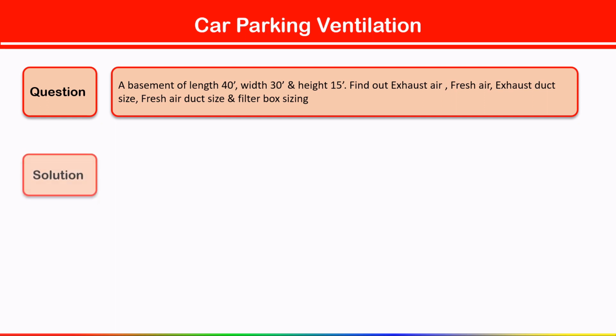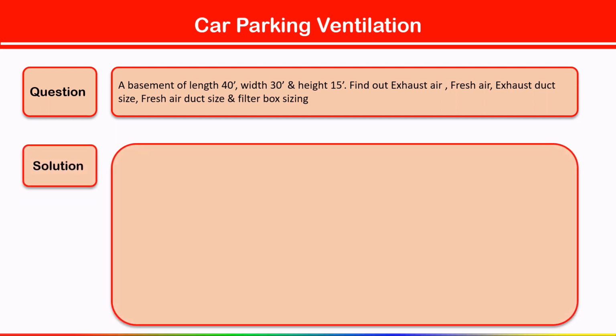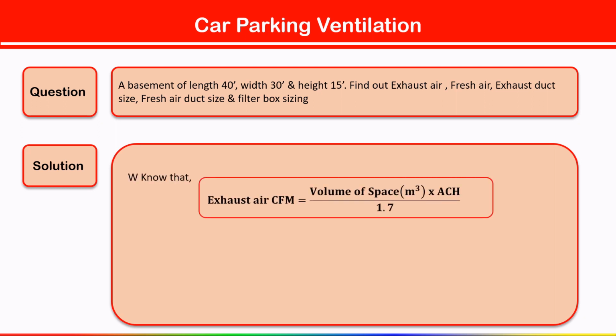So see here in the solution what detail is given in this question. To find out the exhaust air CFM, we have a formula. If you remember, I have already discussed: volume of space in meter cube into ACH, air changes per hour, divided by 1.7.